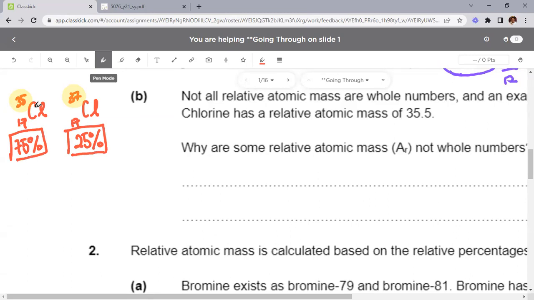So the question is this: now I know it's 75%, 25%, how exactly did you get this relative atomic mass of 35.5? It's actually based on a calculation. To find the relative atomic mass, you use the percentages.